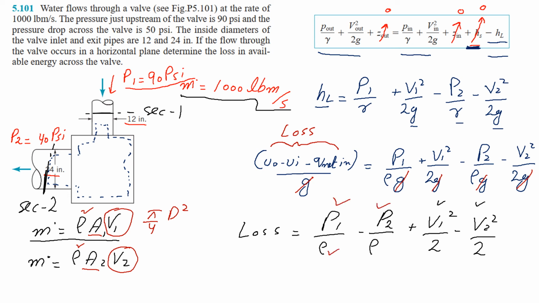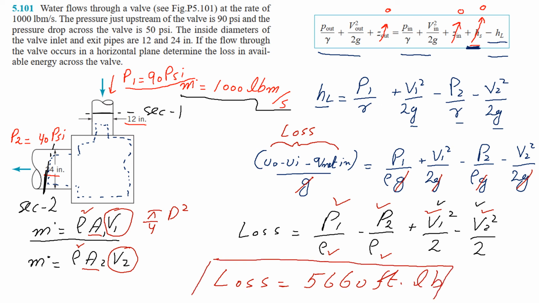I will put the standard value of density, and I will find the values of velocity. So the whole loss across this valve will come out to be 5660 foot-pound. So this will be my final answer, and this was what is required.